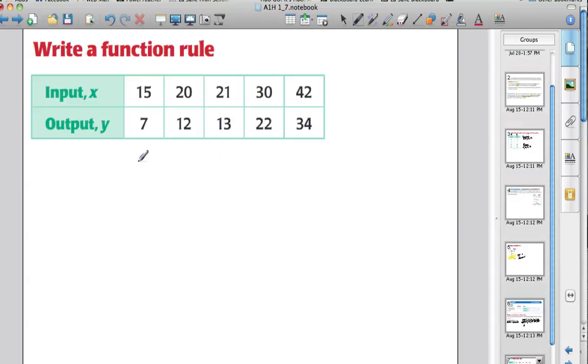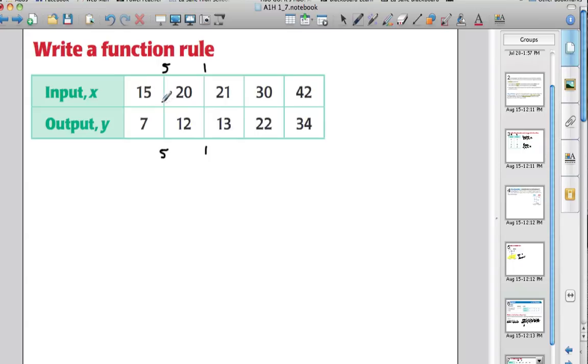Okay, so now my goal here is to write the function rule. So what I'm trying to figure out is what happens as I change from thing to thing. What is going on as we move from item to item? So when I move from 15 to 20, that's a change of 5. And when I move from 7 to 12, that's a change of 5. When I move from 20 to 21, that's a change of 1. 12 to 13, that's a change of 1.